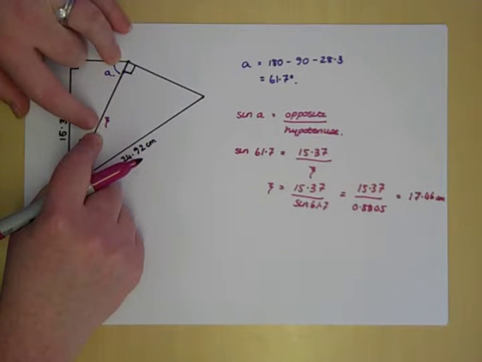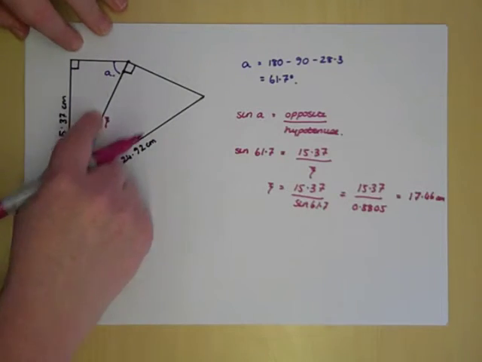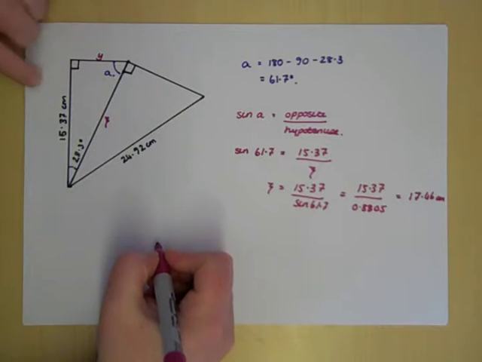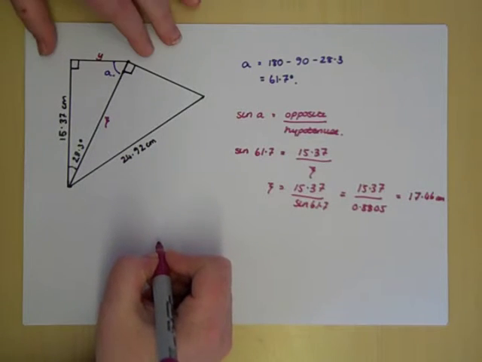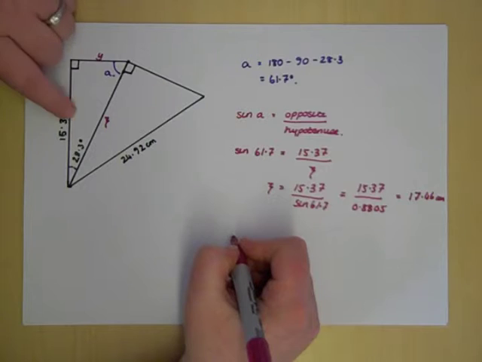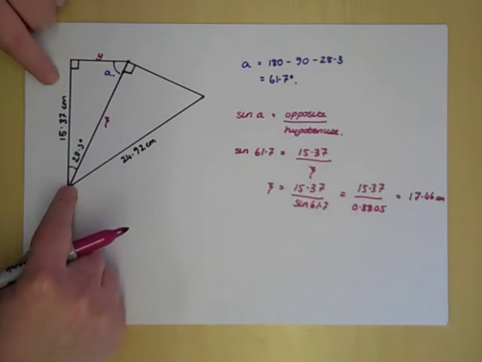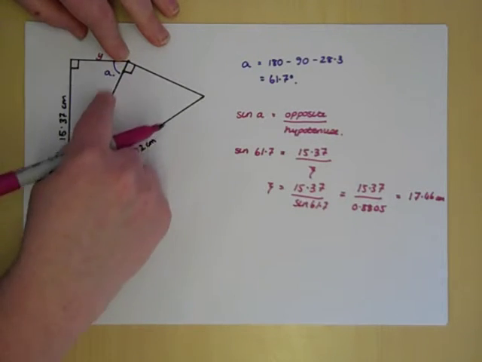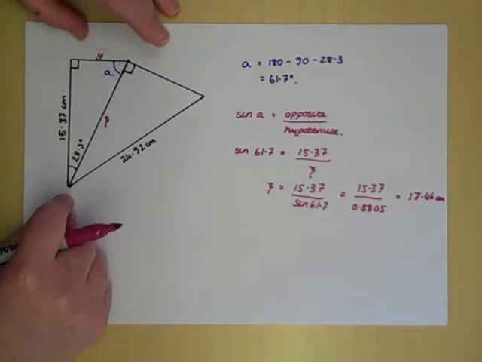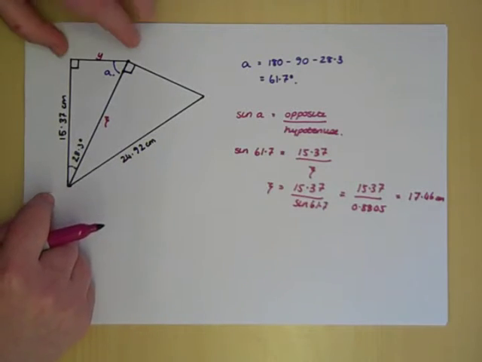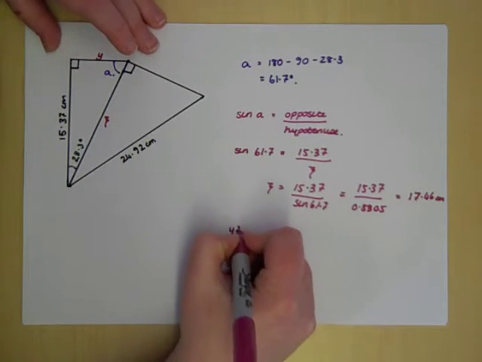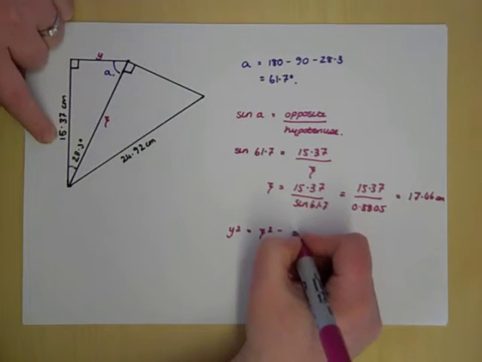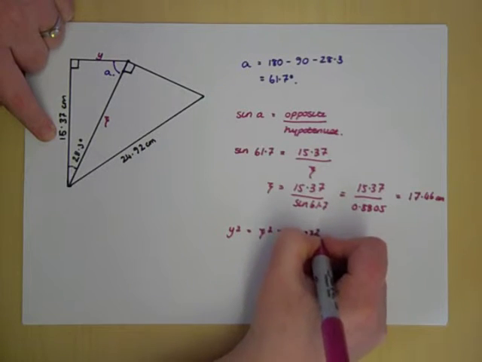The final thing I need to know about this first triangle is this length here. I'm going to call this one Y. And I can say that, for example, if I take Pythagoras, this is a right angle triangle, and I know that the square of the hypotenuse, this one here, is equal to the sum of the squares of the other two sides. So here I can say Y squared is equal to Z squared minus this one here, 15.37 squared.